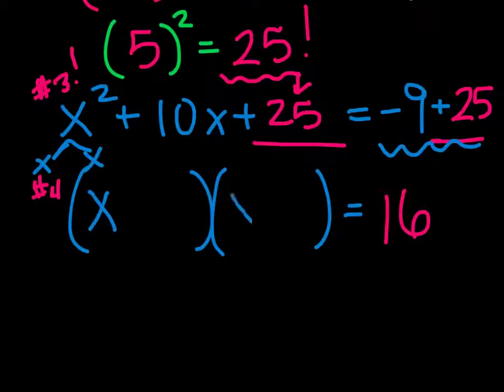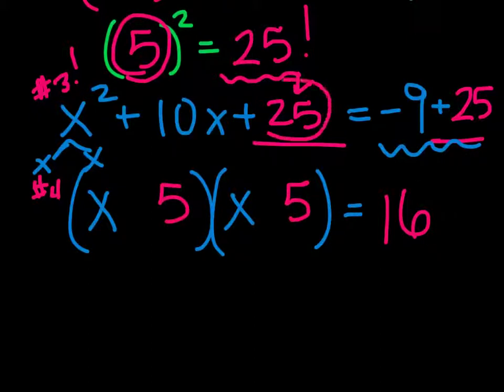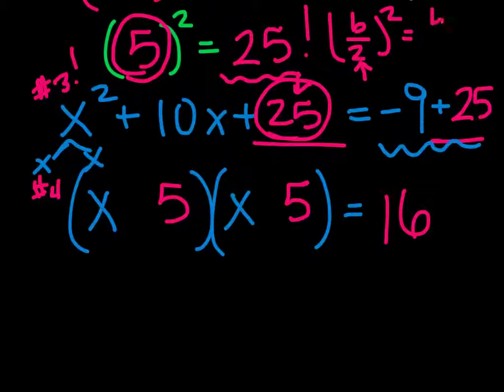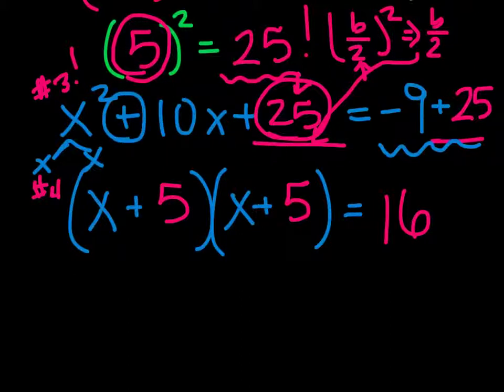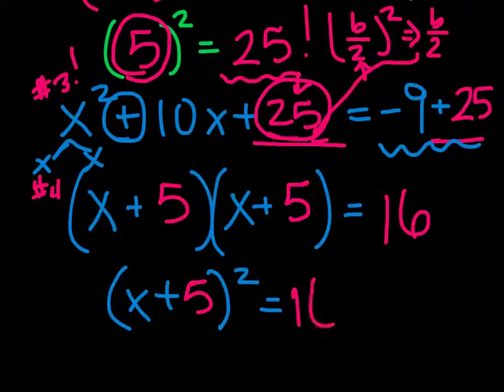We have x and x, and this 5 goes on each side because this term is our b divided by 2 squared, and that b divided by 2 is what goes into our perfect square trinomial. We add a plus because this is a plus right here. So x plus 5 squared is equal to 16.